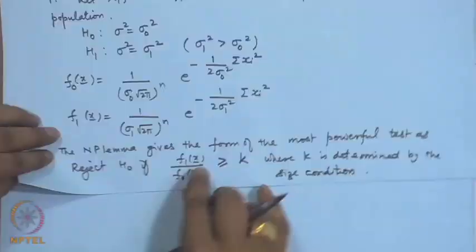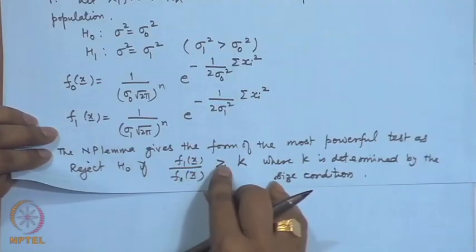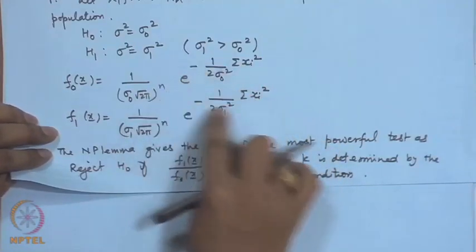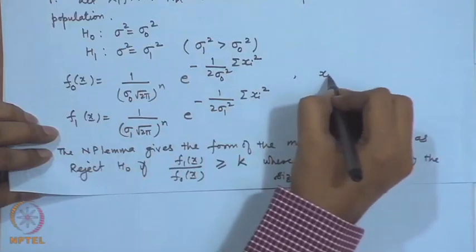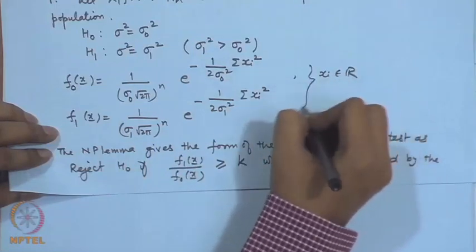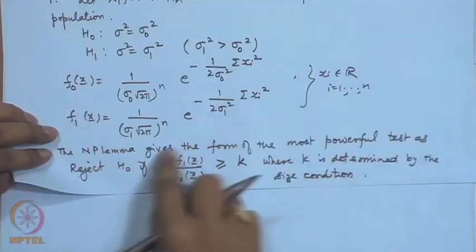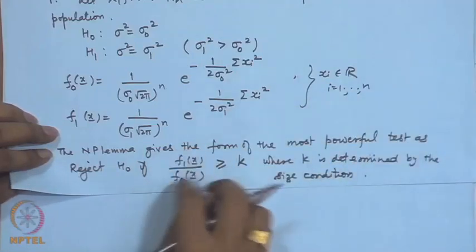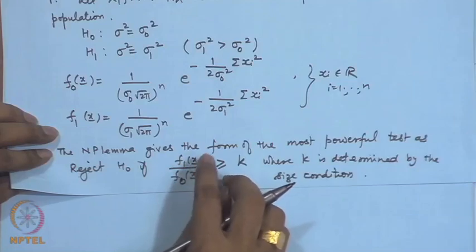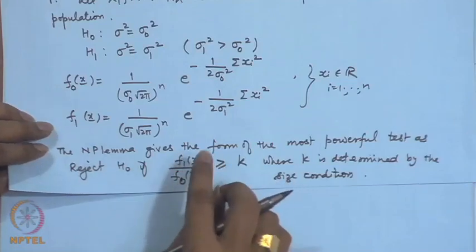So, let us write down this f 1 by f naught x greater than or equal to k. Since these densities are valid for the whole real line, that is, the xi's belong to R for i equal to 1 to n, this ratio is defined for all values of x1, x2, ..., xn on the real line.